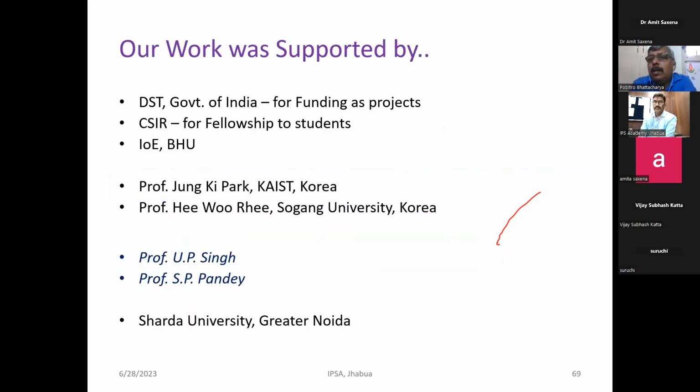To make this complete, I should thank my supporters. Funding from Ministry of Science and Technology, fellowship from CSIR, Institution of Eminence, Banaras University as incentive to senior teacher that I have got. Our collaborators from South Korea, from KIIT and PMU, definitely very long time spent at Sharda University, worked there.